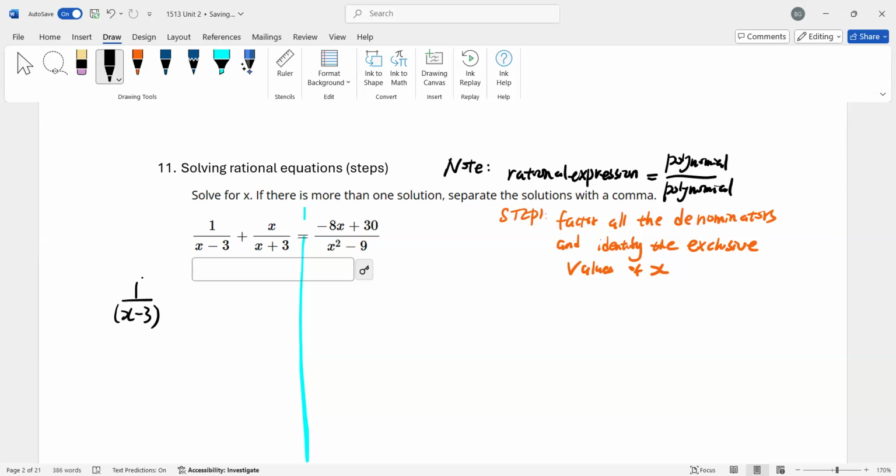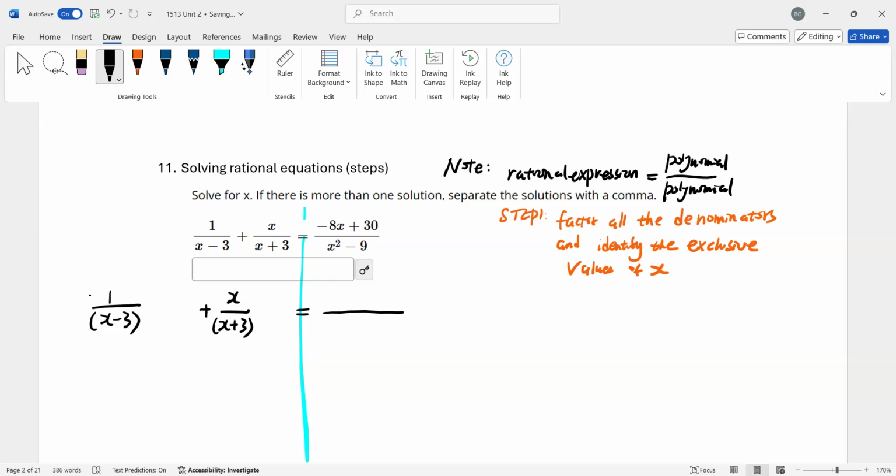All right, so that's what I do for that part. And the second part, and I need more space, sorry. 1 over x minus 3. Second part, x over x plus 3. X plus 3 is also not factorable, it's just a binomial. So I use a parenthesis to frame it.